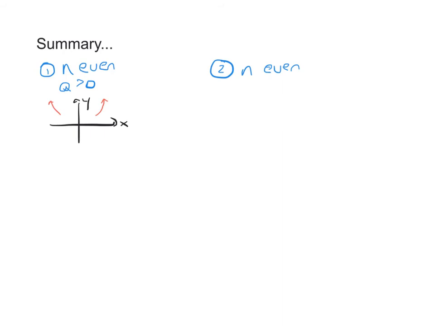Second case is if n is even and our leading coefficient is negative. Again, we don't necessarily know what's going on in the center, but we do know that our graph is falling to the left and to the right.